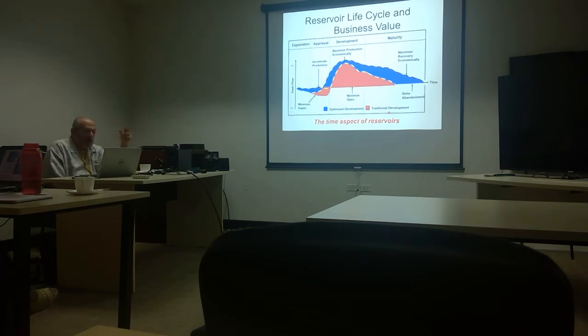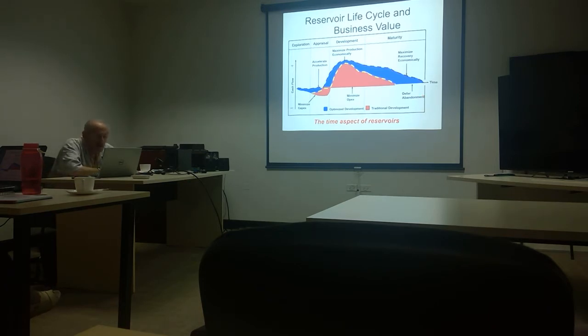So, looking now at the time aspect of reservoirs, usually what you're looking at is cash flow on the vertical axis here. Negative cash flow meaning you're spending money, positive cash flow meaning you're making money. And this is time from exploration all the way to maturity and abandonment.